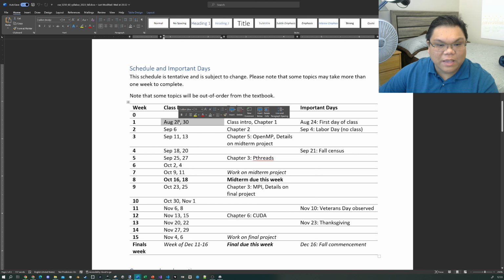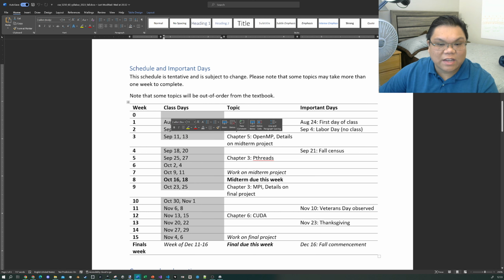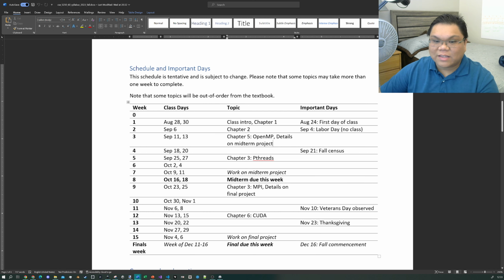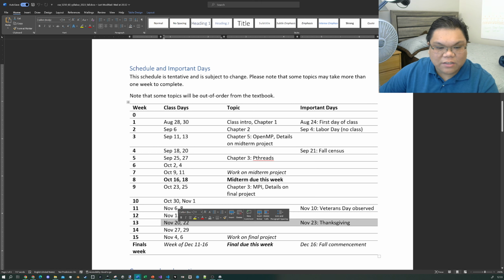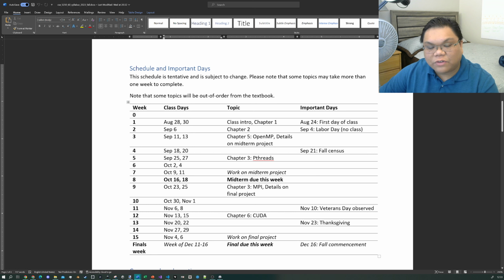So instead of this being week 2, this is week 1. Because this would awkwardly make fall semester 16 weeks instead of the typical 15 weeks. That's because of how Thanksgiving break takes one day away from the week. And to compensate for that, the semester had to begin on Thursday, August 24th.